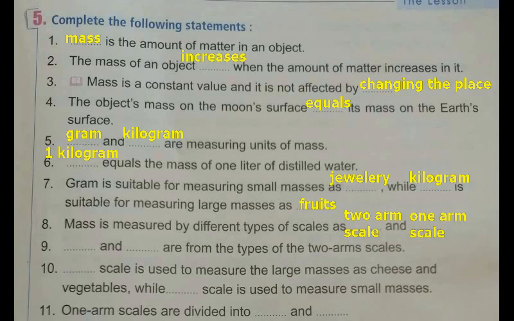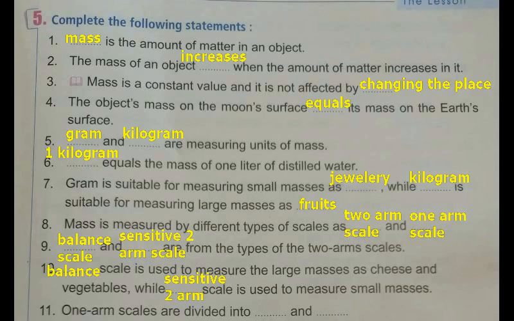I will tell him the two types of 2 arms scale, which are balance scale and sensitive 2 arms scale. Number 10. Balance scale is used to measure large masses such as cheese and vegetables, while sensitive 2 arms scale is used to measure small masses.